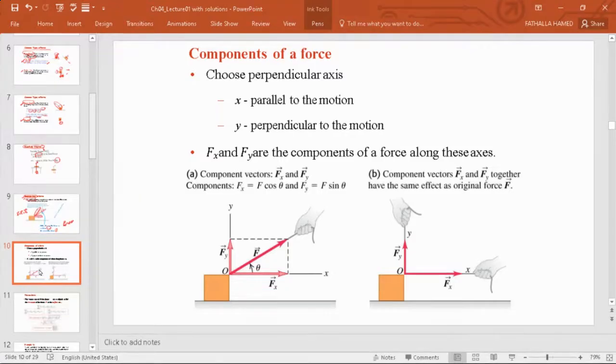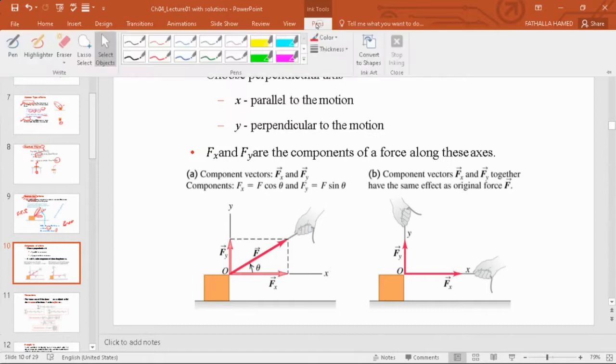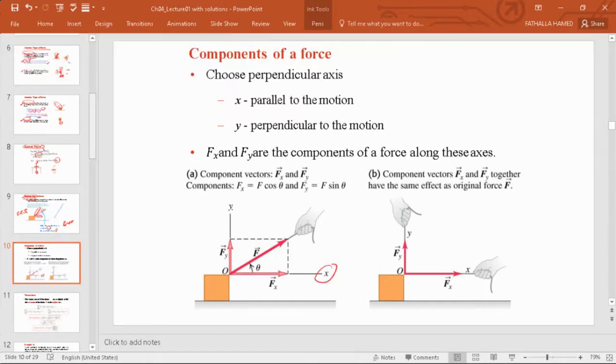Or we said that you can break vectors into components and then you add the components together. So here we're going to look at things in 2 dimensions, meaning X and Y, as you can see here. So you have a force here, F, which makes an angle theta relative to the positive x-axis. And you can break this into an X component and a Y component.